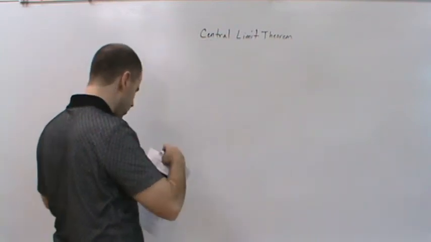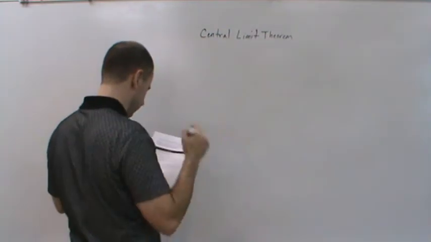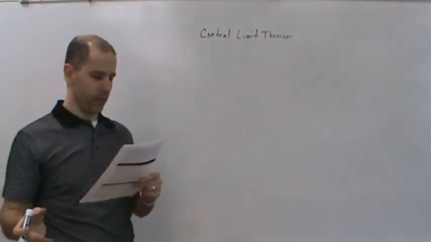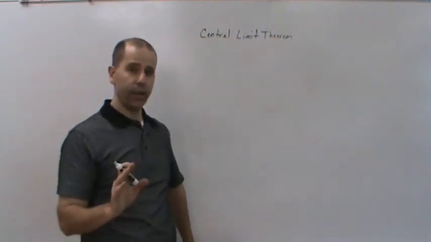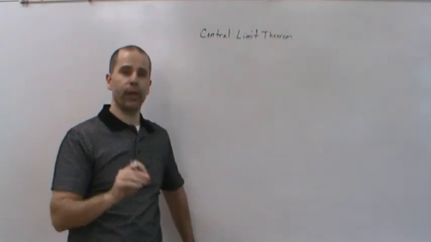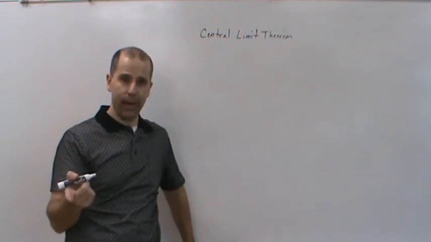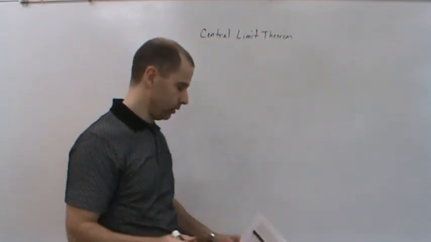So here's what the central limit theorem states. Suppose that x is a random variable with a mean mu and a standard deviation of sigma. In other words, let's assume that x is a random variable that comes from a certain population, and we know the mean and the standard deviation of that population, and that's all we know.